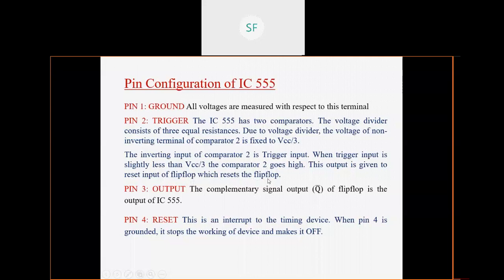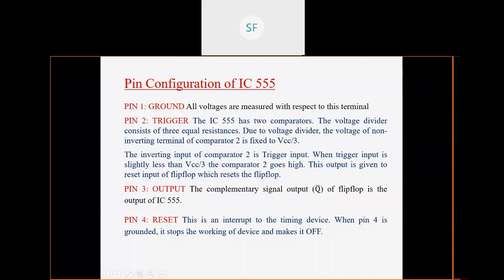So this is the function of the trigger input. Then pin number 3 is the output pin. The complementary signal output, that is Q bar of the flip-flop, is the output of your IC 555. So you can observe the output of IC 555 using this output pin.